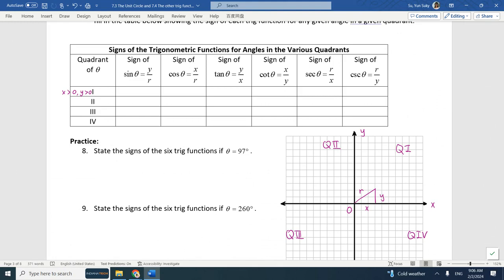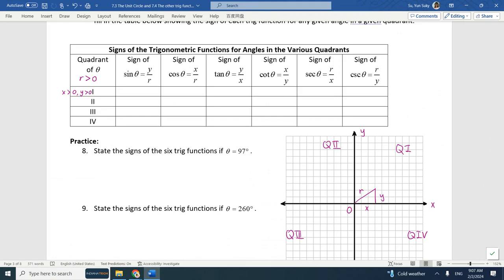Sine theta is y over r. Remember, r is always positive if we're not at the origin. Okay, let's see. X is positive, y is positive, r is positive. Then is y over r positive or negative? Positive. In fact, all of them are positive.